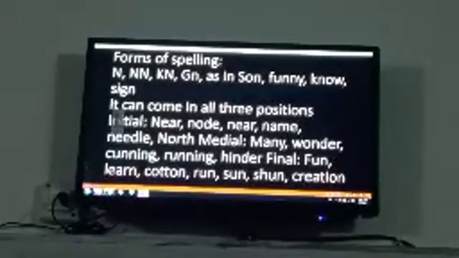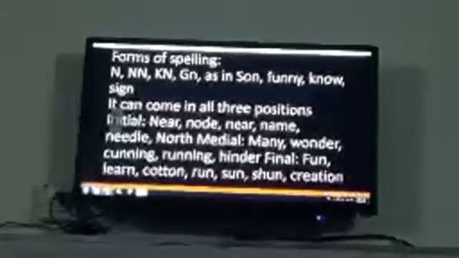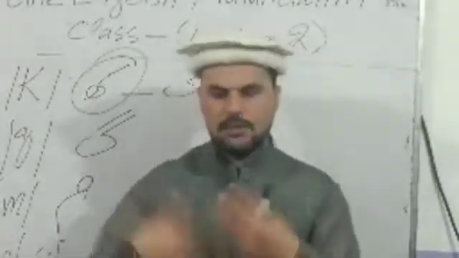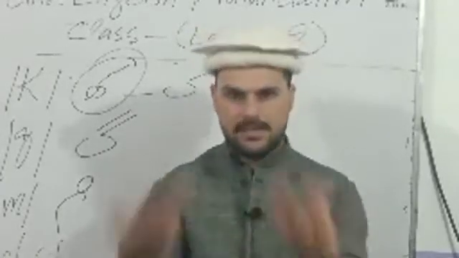With N, when K comes before N, then K is silent, and when G comes before N, then G is silent. And in the previous sound, I gave you the example that when M comes before N, then M is also silent, but that is at the initial position. Fine. So these were the forms of spelling, silent patterns, and example words.